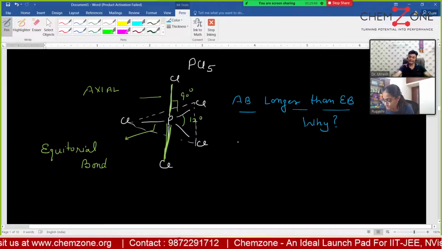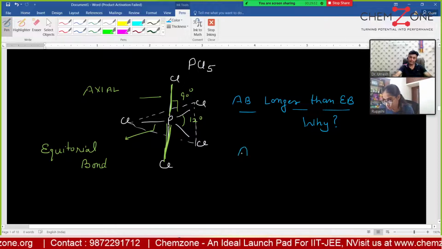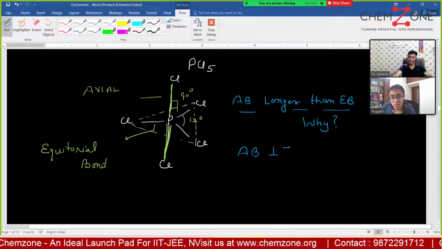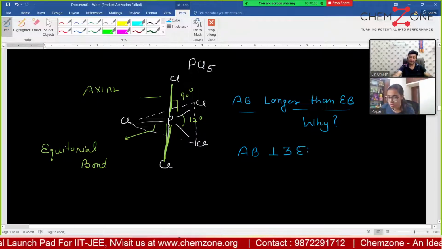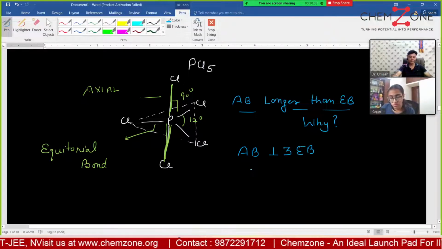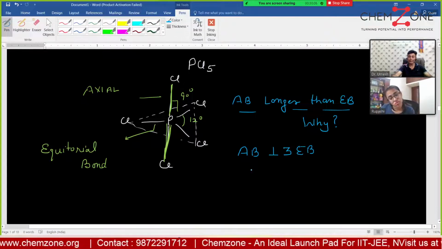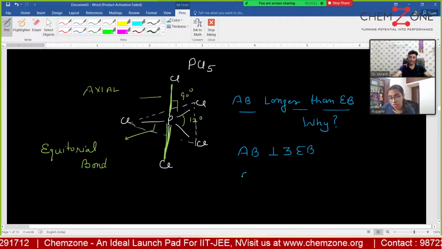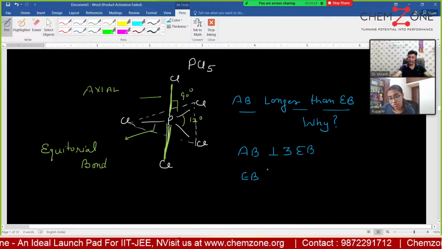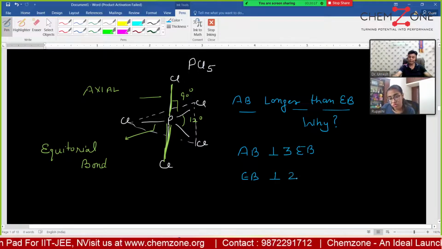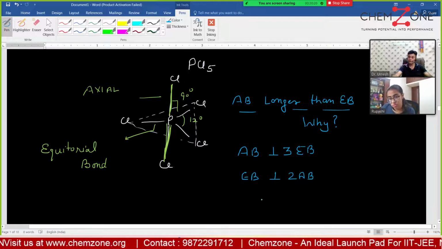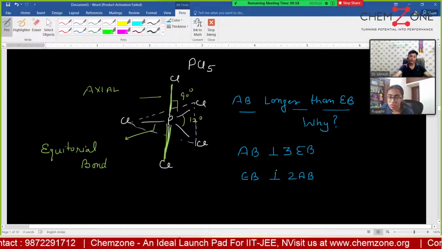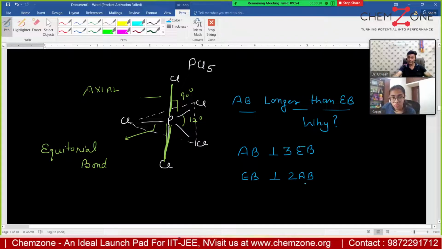The reason behind this is, if you talk about the axial bond, that is perpendicular to the three equatorial bonds. It means I can say the axial bond is repelled by three equatorial bonds. And if you talk about the equatorial bond, that is perpendicular to the two axial bonds. It means the equatorial bond is repelled by two bond pairs of electrons, two axial bonds.